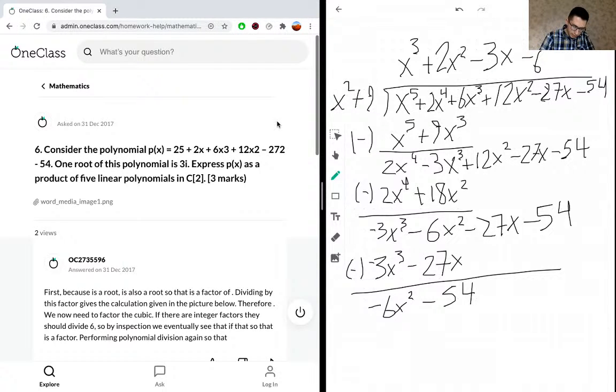And so negative 6 times x squared will give us negative 6x squared, sorry. And 9 times negative 6 is negative 54. So we can see that these just cancel out and we get 0.